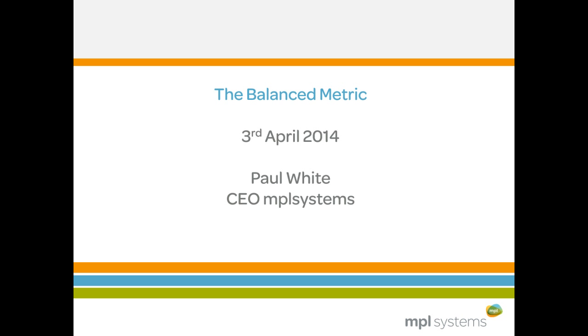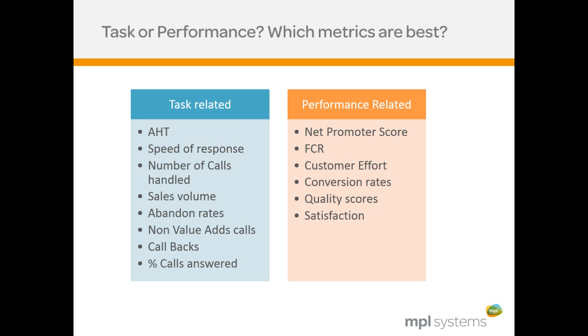Carolyn's already covered this stuff in a lot of detail, so you'll be pleased to know I'm not going to go into any more detail on the specific metrics, their definitions, and what they do. Suffice it to say that metrics are largely split into two groups: task-related, those focused on agent activity, and those that are more business performance related.